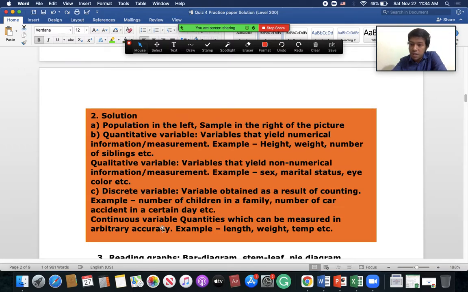Continuous variable means if we can measure something with arbitrary accuracy, that is called a continuous variable. Let's say I have a pen. What is the length of this pen? I can say, just approximately, this is 1, 2, 3, 4, 5, 6 centimeters, or 6.5 centimeters. Let's say I say 6.5 centimeters.